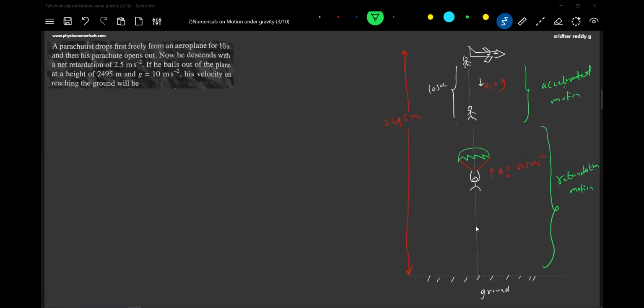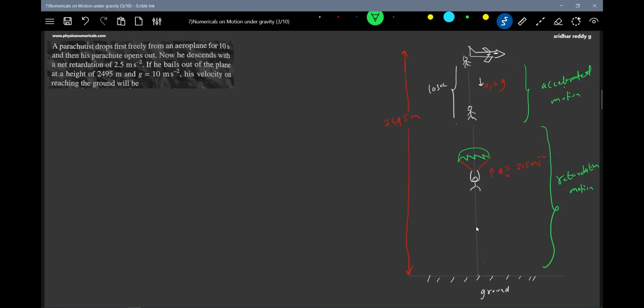So with what speed? Okay, let me continue. I think there was some connectivity problem. So the person will come and strike the ground along with the parachute with a velocity. That velocity is what we have to find out.